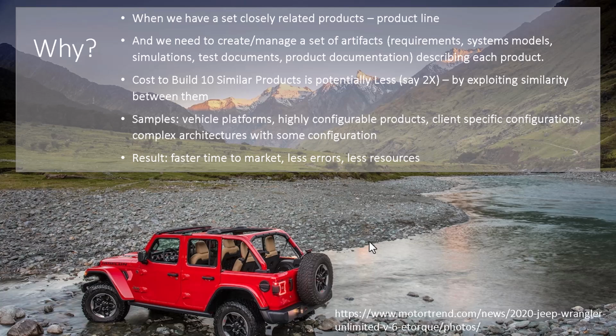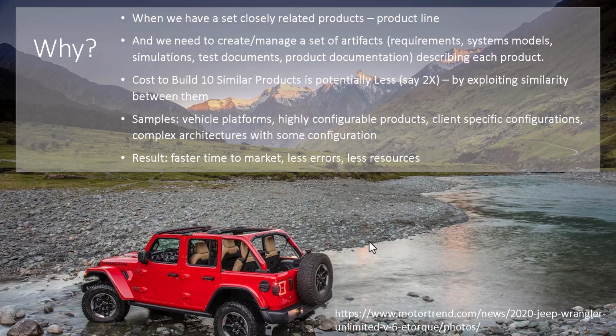Results: faster time to market, because you don't need to redo the architecture, you just change it automatically based on the features by transforming it. Then fewer errors, because separate architectures do not exist. They are based on a single architecture which is configurable, and you don't introduce errors and inconsistencies.